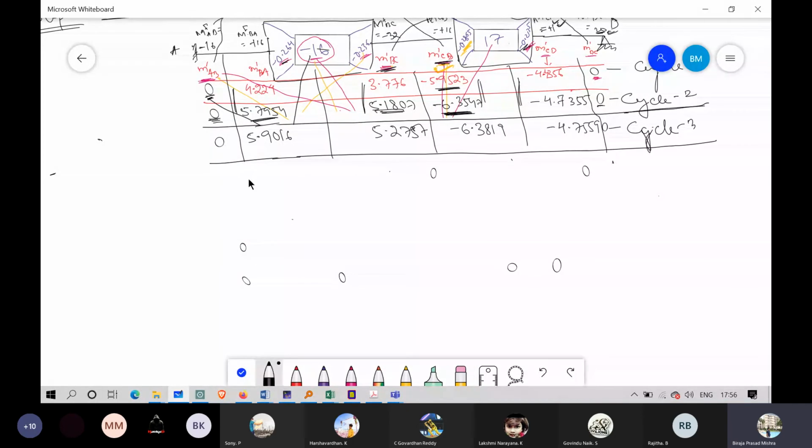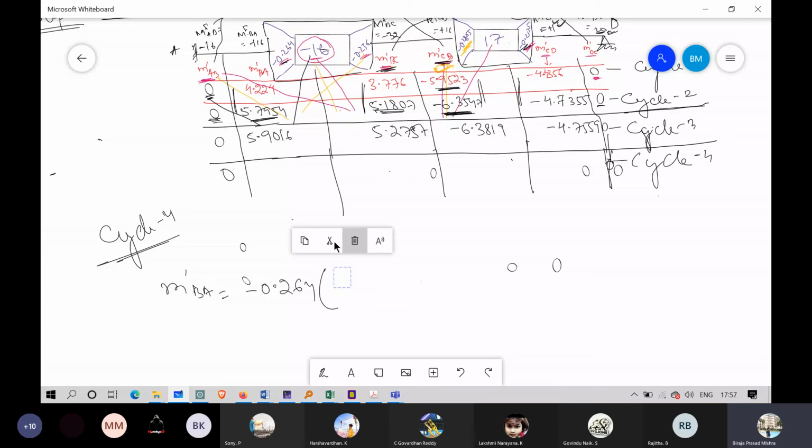So the fourth cycle, this will be now cycle 4, and this value will be 0, this is also 0. M bar BA equals minus 0.264 into, before that let me remove these. Why are these zeros coming automatically?